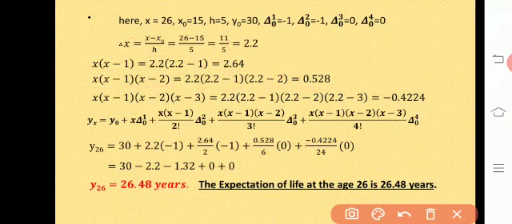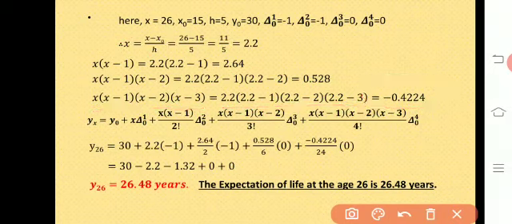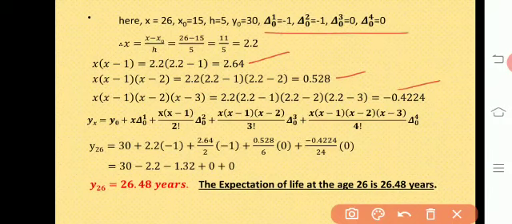Similarly, we require x into x minus 1 into x minus 2 into x minus 3, which is 2.2 into 2.2 minus 1 into 2.2 minus 2 into 2.2 minus 3. Simplifying further, you will get 0.4224. Then all these values, that is 2.64, 0.528, 0.4224, and all these delta values and this y0 value, put in this formula.